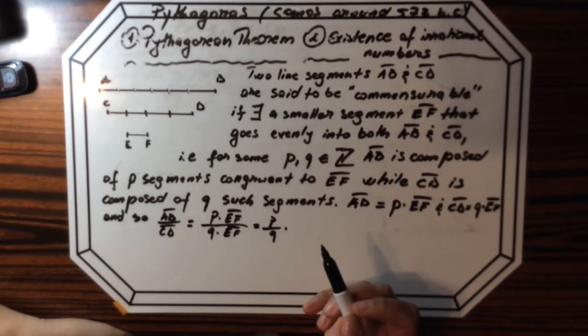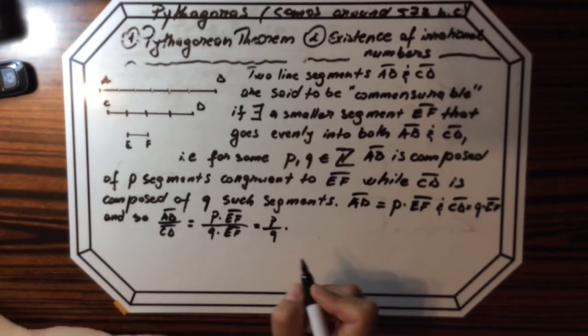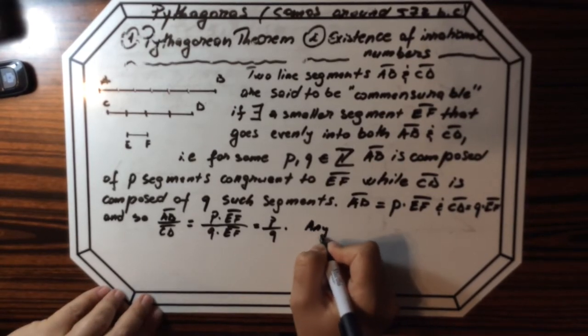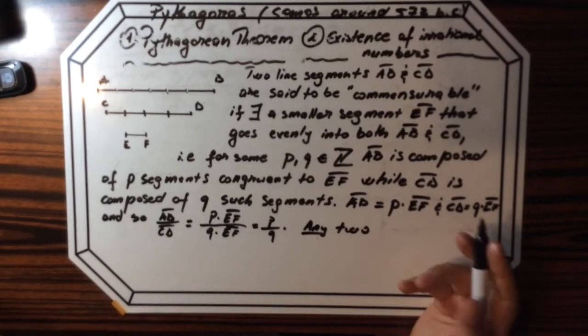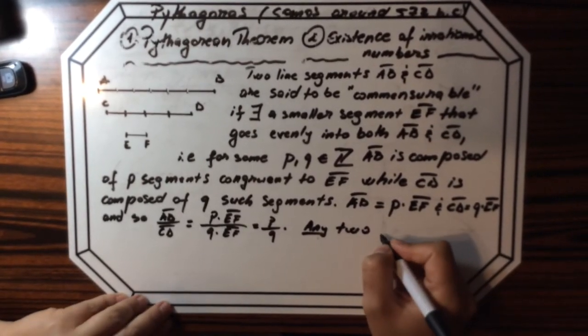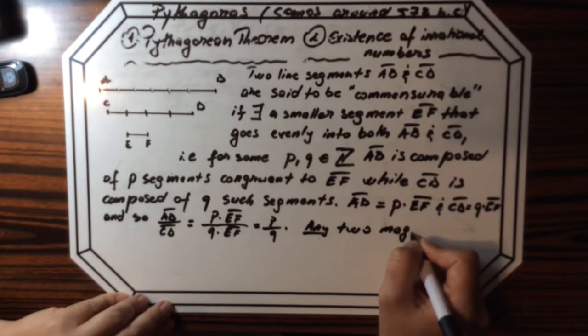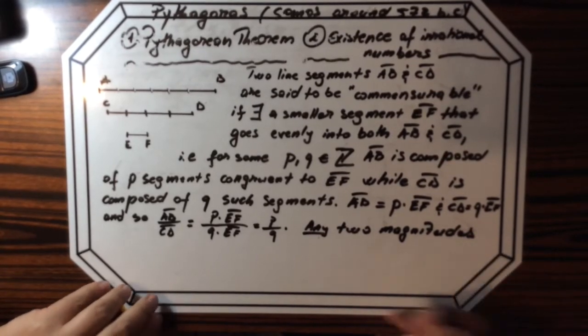So intuitively, the Pythagoreans felt that any two magnitudes, or line segments, or lengths, are commensurable.